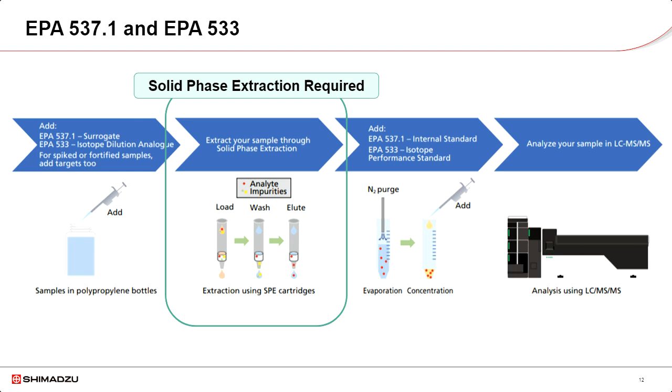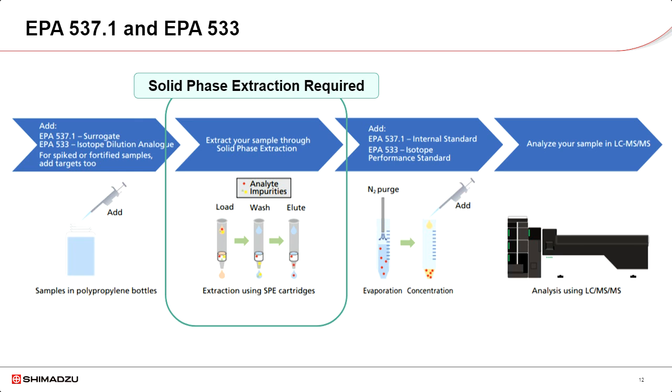For the spiked samples, you need to add also the standards. The next step is the solid phase extraction that, as you probably know, includes many different steps. Once we elute the extracts from the cartridges, they have to be concentrated, and then in 537.1 we need to add internal standards, and in 533 the isotope performance standards.